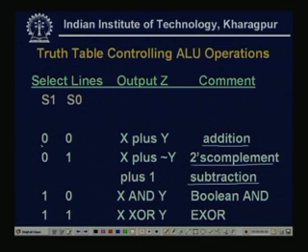So, my S1 is 0 because S1 is the second level mux selection. So, this becomes 0. Now, if S0 is 0, addition is selected, if S0 is 1, the 2's complement subtraction is selected.